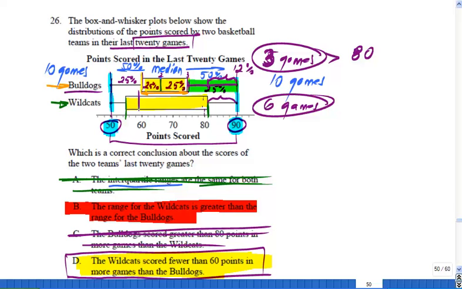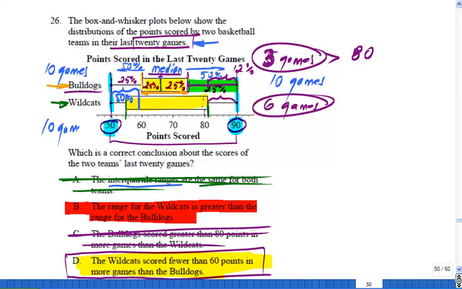But let me tell you something, guys. This point here in the middle of your box is the median. That's the median, which means from the lowest score to that point, you have 50% of your data. When I'm saying 50%, I'm talking, in terms of games, about 10 games.